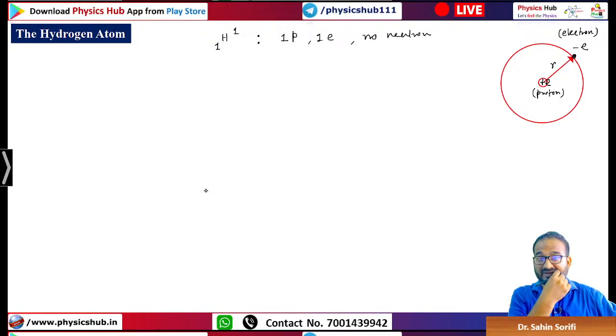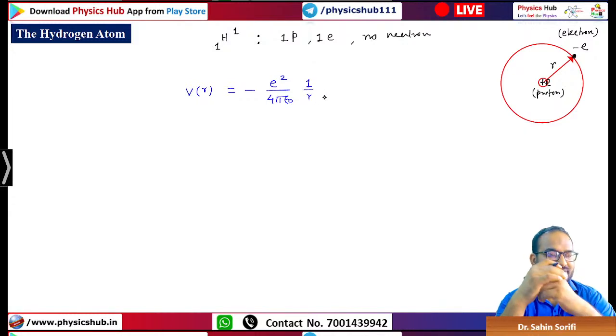You require V of R. So what is the potential energy between these two, proton and electron? It is 1/4πε0 Q1 Q2 by R. So Q1 Q2 is +e times -e, so the potential is -e square divided by 4πε0 into 1/R.